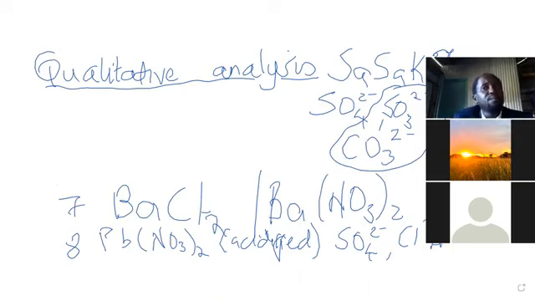But a white precipitate which dissolves on warming, the inference would be chloride or bromide ions. A yellow precipitate would imply iodide ions.